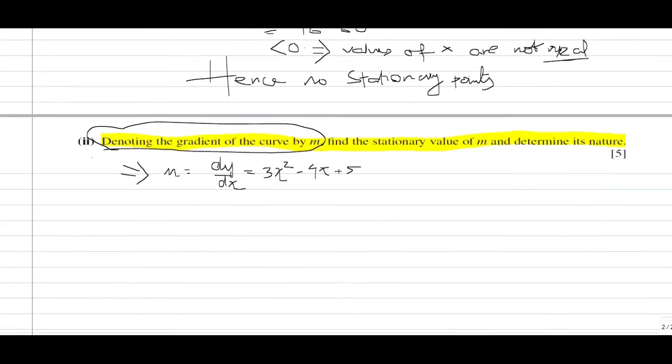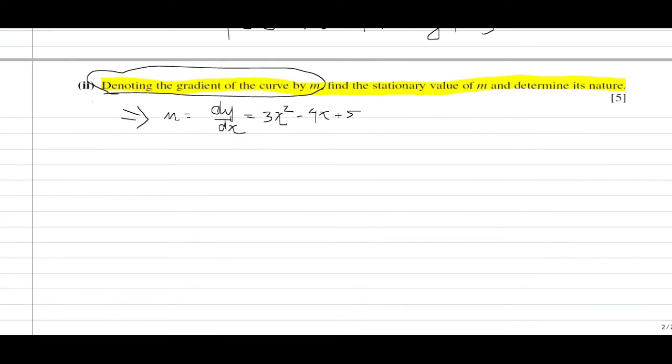Now we have to find the stationary value of m. That means we have to find the derivative of m with respect to x, because a stationary value always has derivative equal to 0.